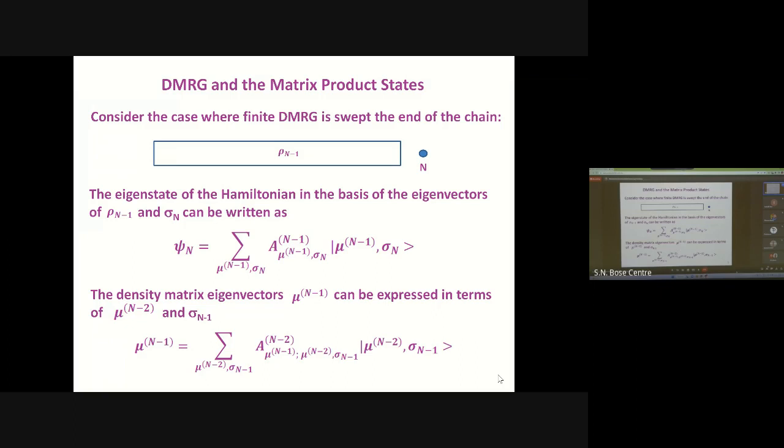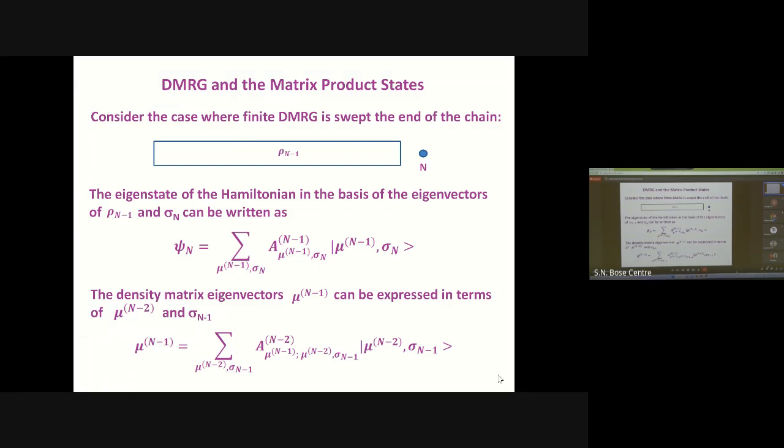But I know that mu n minus 1, the way I have calculated it before, is made up of mu n minus 2 and sigma n minus 1. So there's a matrix which transforms the direct product of mu n minus 2 and sigma n minus 1 into density matrix eigenvectors mu n minus 1, through the matrix A n minus 2, mu n minus 1 with mu n minus 2 and sigma n minus 1.